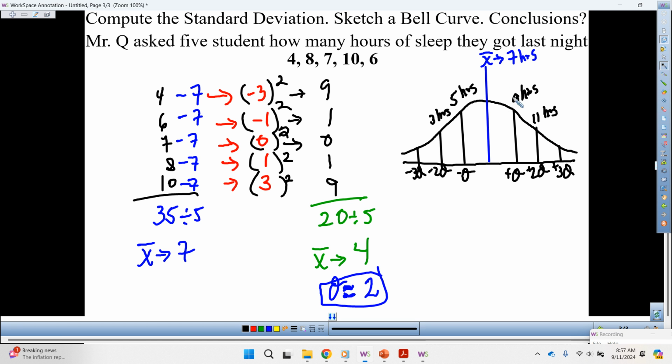Okay, we went from 7 to 9 to 11, and the next one is 13 hours. How about on the negative? We went from 7 to 5 to 3 to... 1 hour.